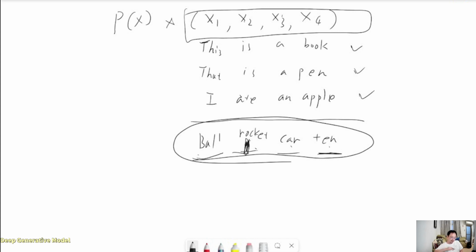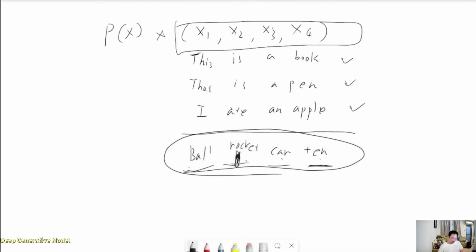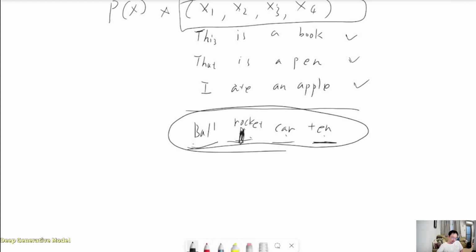We can do that, but it is complicated, at least more complicated than randomly flipping a coin or throwing a dice. So how do we handle this using a neural network or other models?